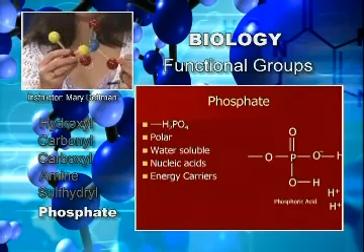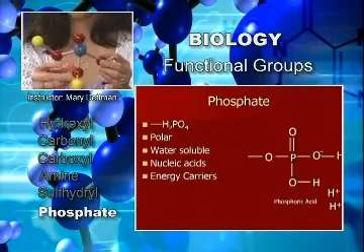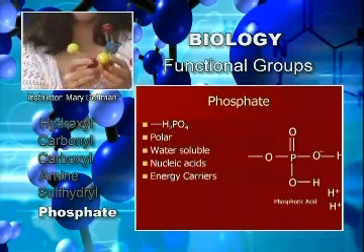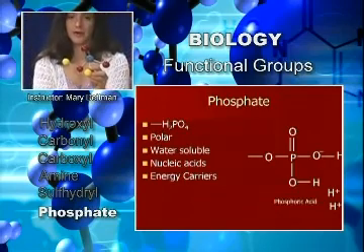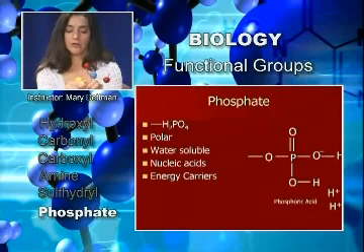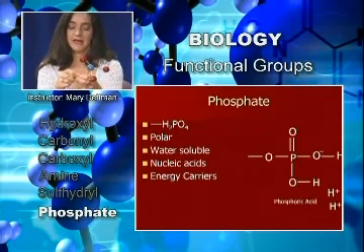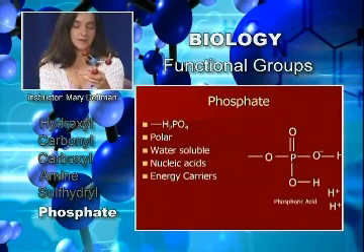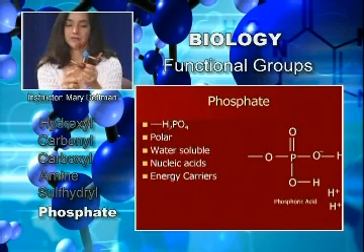So when we look at this phosphate group, it is very unique in its structure. It too can form phosphoric acid by losing its hydrogens and increasing hydrogen ion concentration in the solution, and then we create our phosphoric acid.